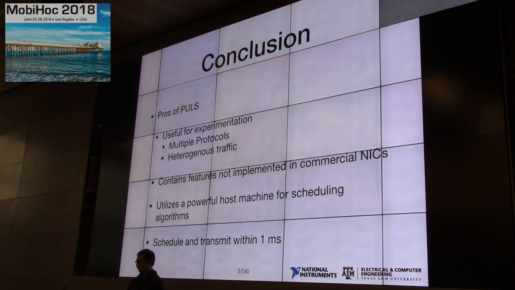It contains features that are not implemented in commercial NICs, and this would be like packet dropping, tracking deadlines, and some of the features we're thinking about as well would be, can you reorder the queues? That's a little bit more complicated, but we are thinking of such kinds of mechanisms. And you use a powerful host machine for scheduling algorithms.